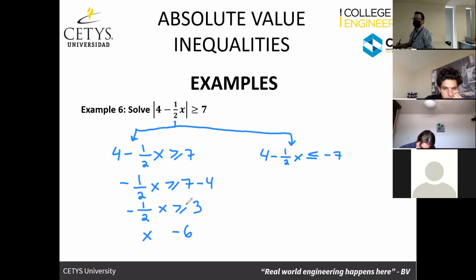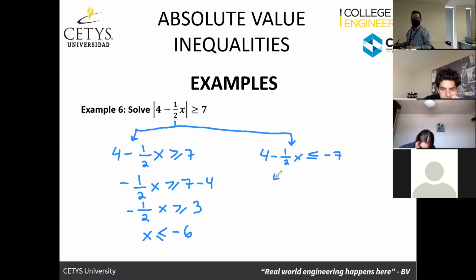But since we're multiplying by a negative number, the sign is going to flip. And remember the flips of the sign, okay? Because we're multiplying on each side by -2.